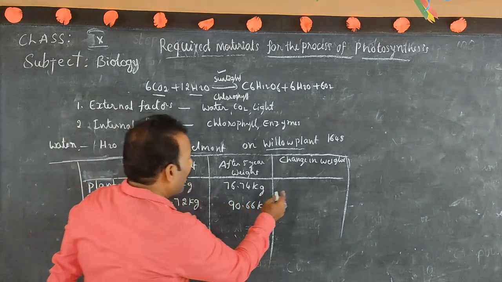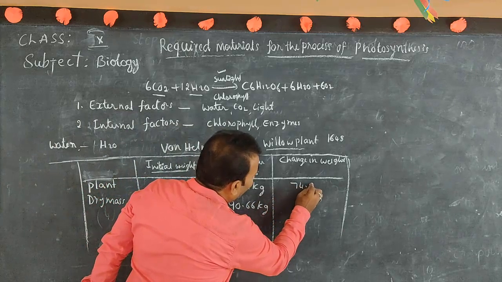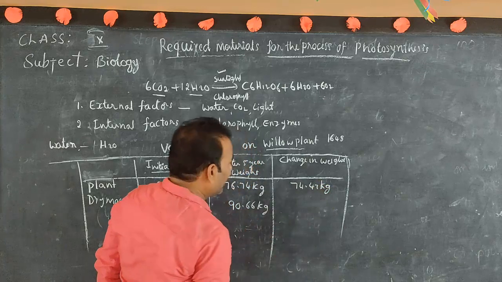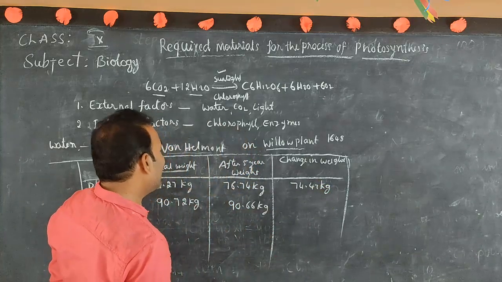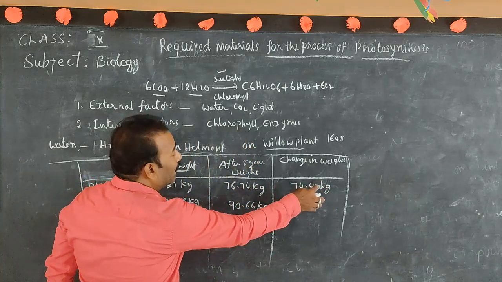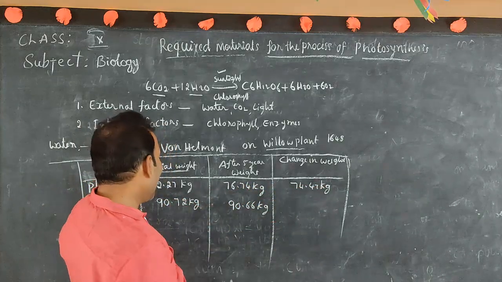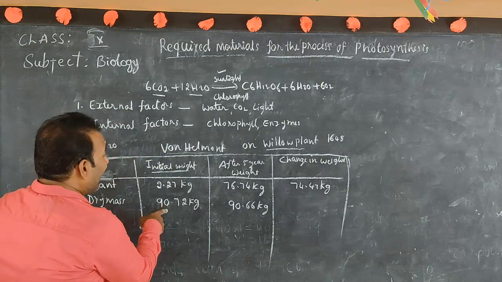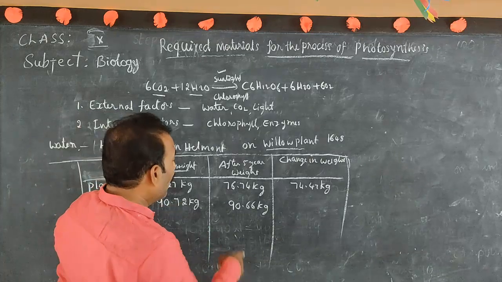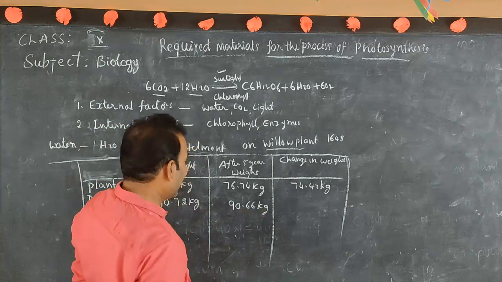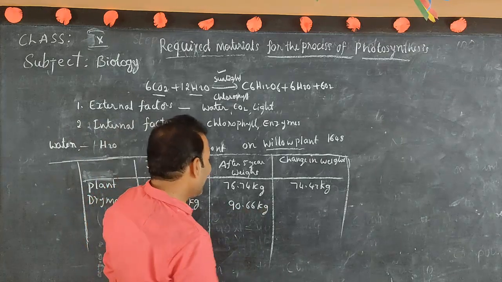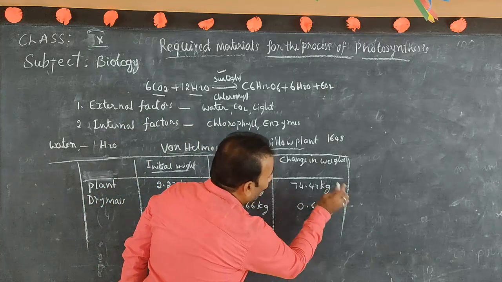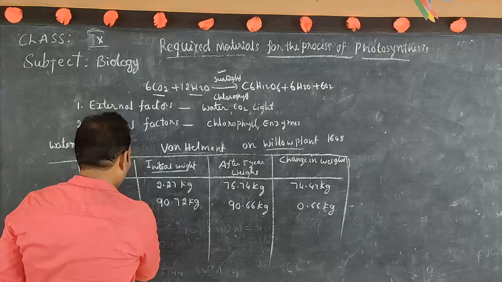The plant weight increased by 74.47 kgs within 5 years. At the same time, the soil mass decreased from 90.72 kgs to 90.66 kgs, a change of 0.06 kgs decrease during these 5 years.